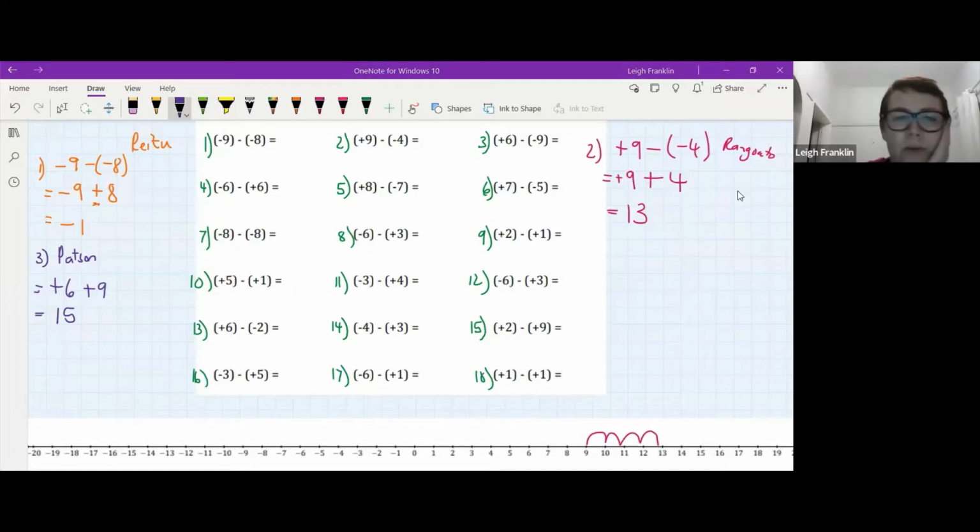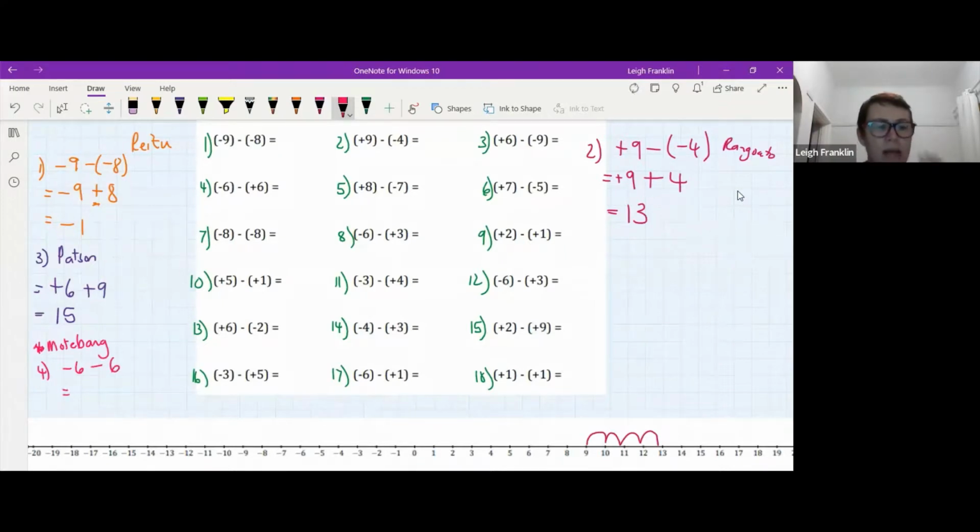Okay, Motibang. Go for it. Which one are you going to do? Number 4. Okay, go for it. -6 minus +6. Minusing a positive number makes it -6 minus 6.